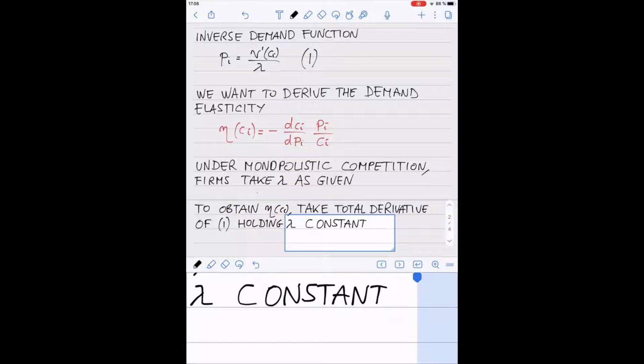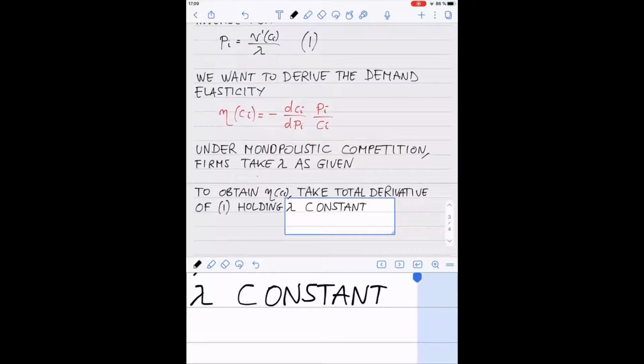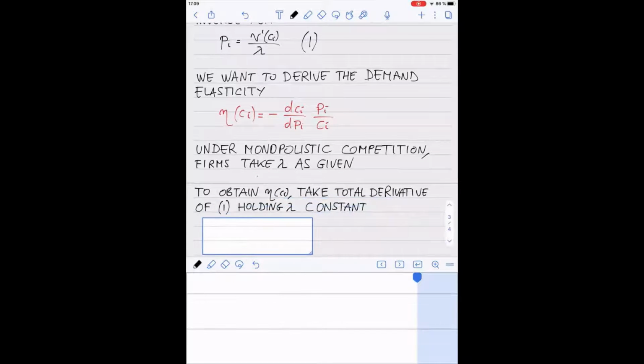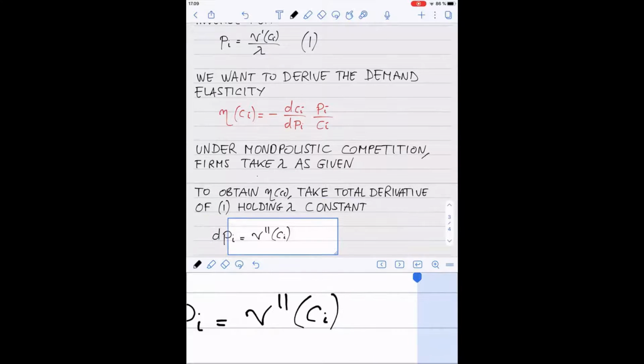Okay, so let's do that. Let's take the total derivative of the inverse demand function, the total derivative holding lambda constant. So what do we get? Well, we get that dp_i equals v double prime of c_i times d c_i, divided by lambda.